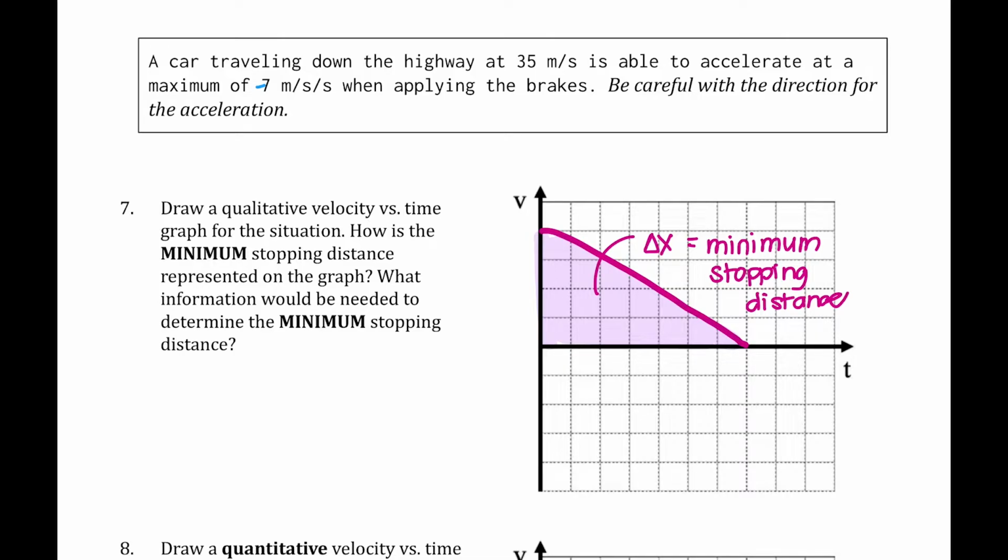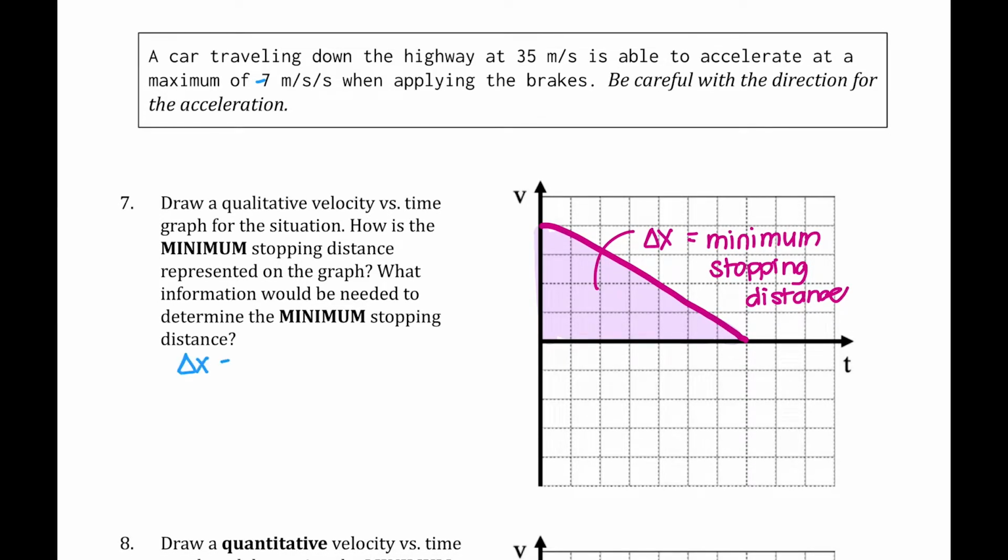Okay, so our equation in this case is 1/2 velocity times delta t. So we need velocity, and we need to know the delta t. So we need to know the change in time.